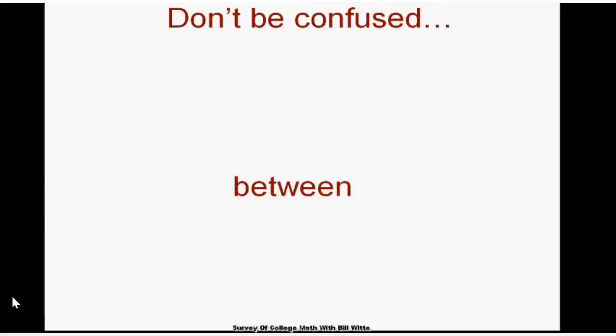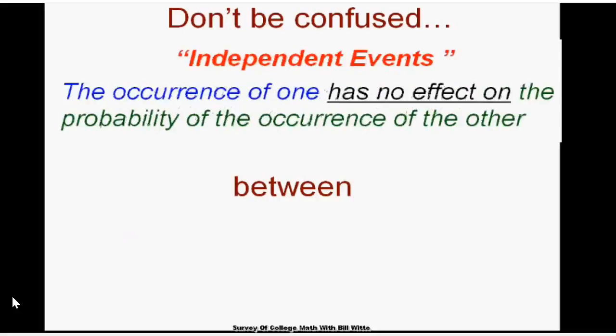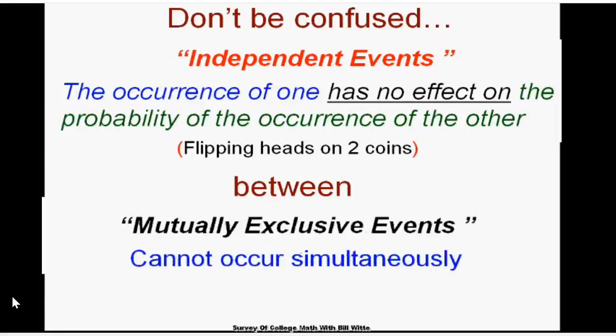Warning: don't be confused between independent events, the ones whose occurrence has no effect on the probability of the occurrence of the other, like flipping heads on 2 coins. Coins have no effect on each other, okay? Don't be confused between that and what we talked about last time, mutually exclusive events.